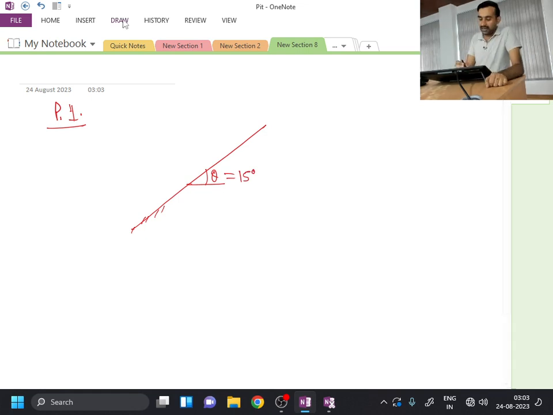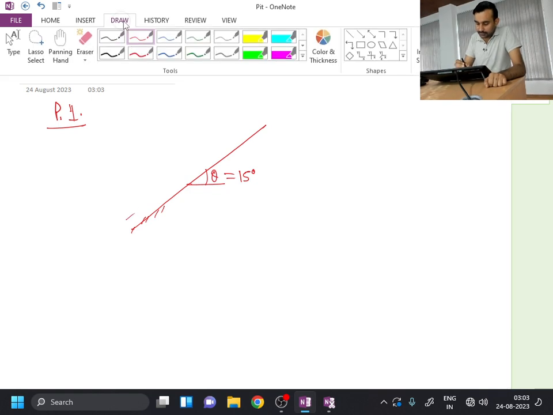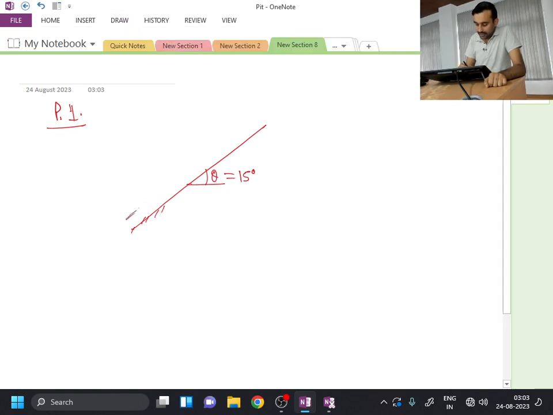Over this solid surface we have a thin film of liquid, which has height h equal to 1 mm.